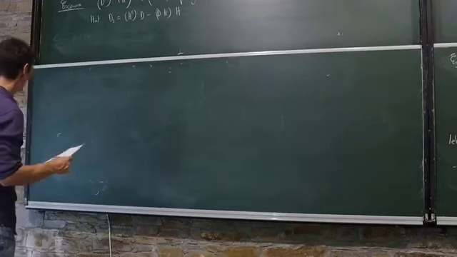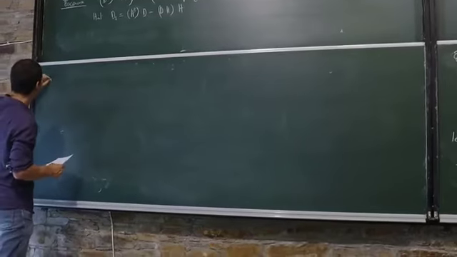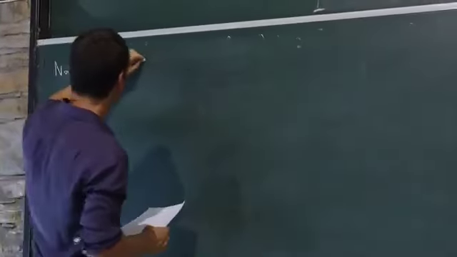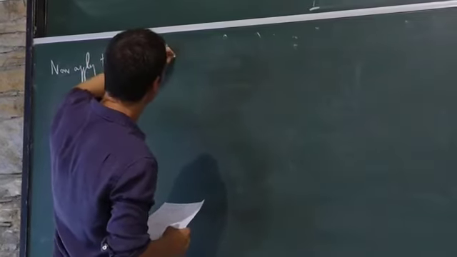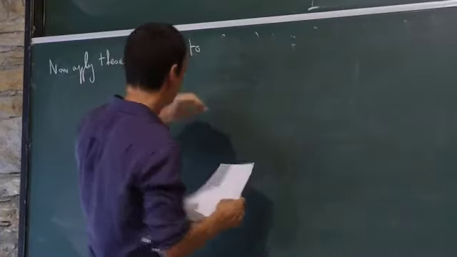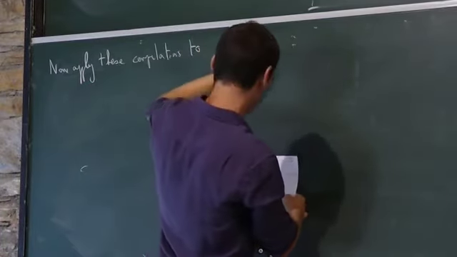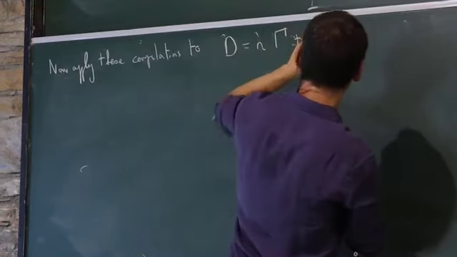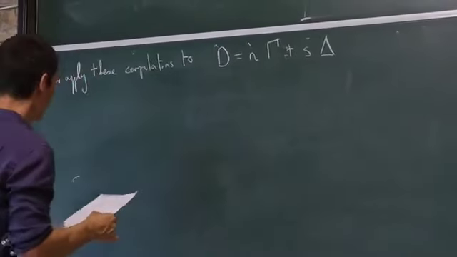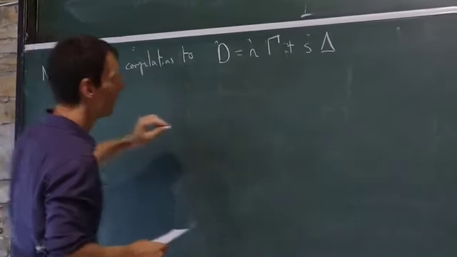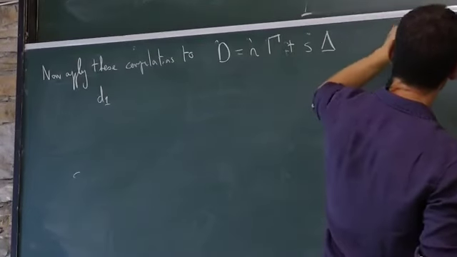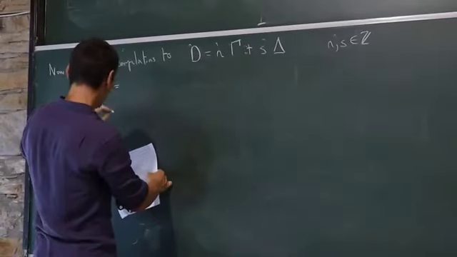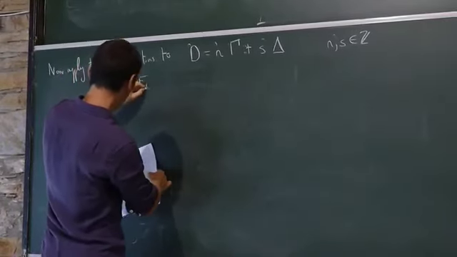So we have to now apply these computations to a divisor D, which is going to be R times gamma plus S times delta, where R and S are elements in Z. So I denote, as I did before, D1 is D times F1.